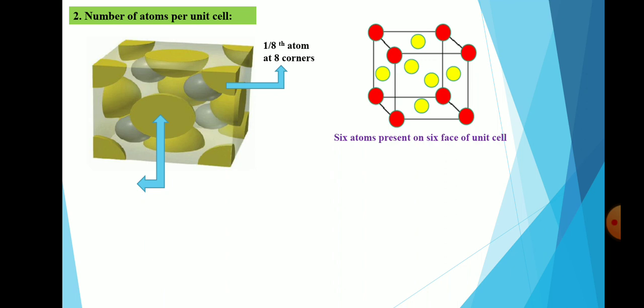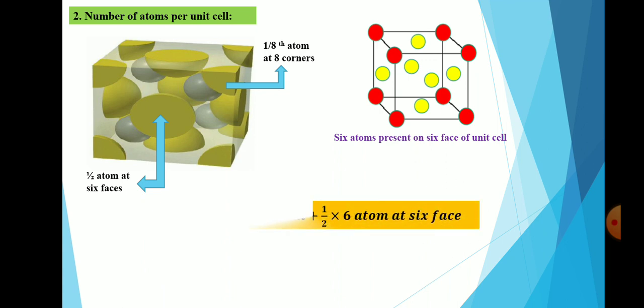Number 2, this face is present on two sides, first the front side and their opposite side. So this face atom is shared by two unit cells, therefore the part of atom present in one unit cell is 1 by 2, and how many face atoms are present? 6. Therefore it is 1 by 2.